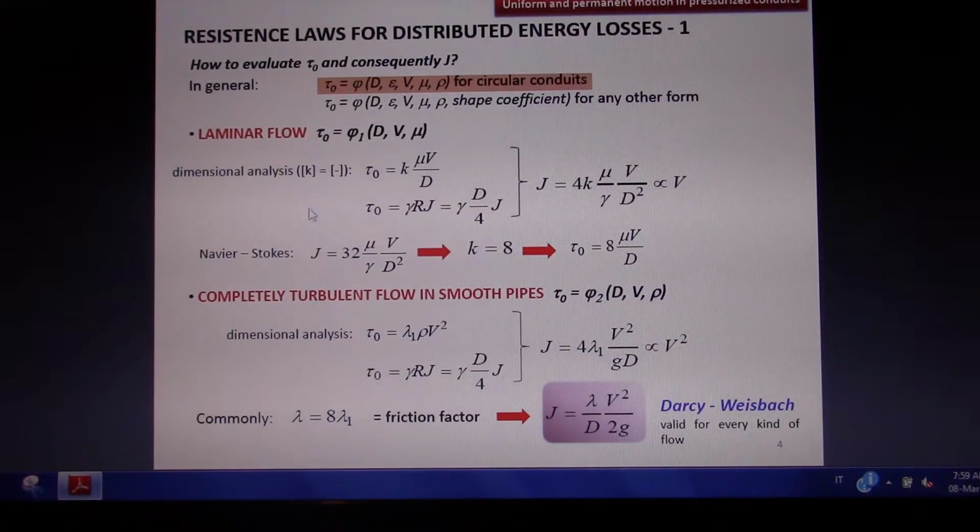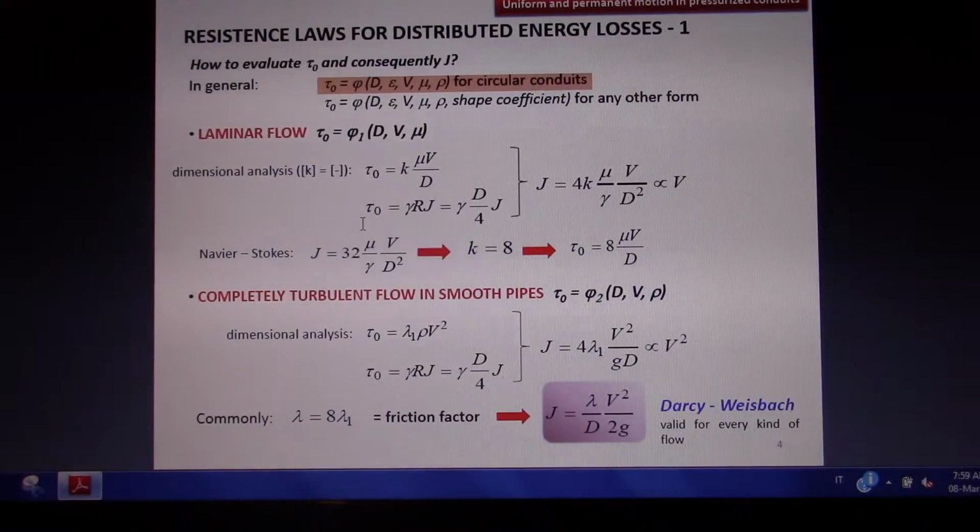It is possible to demonstrate, but we won't do it because it's just to give you the basic concepts, that from dimensional analysis you can get that the tangential tension in this case is given by K, a factor, times mu over D times the velocity.